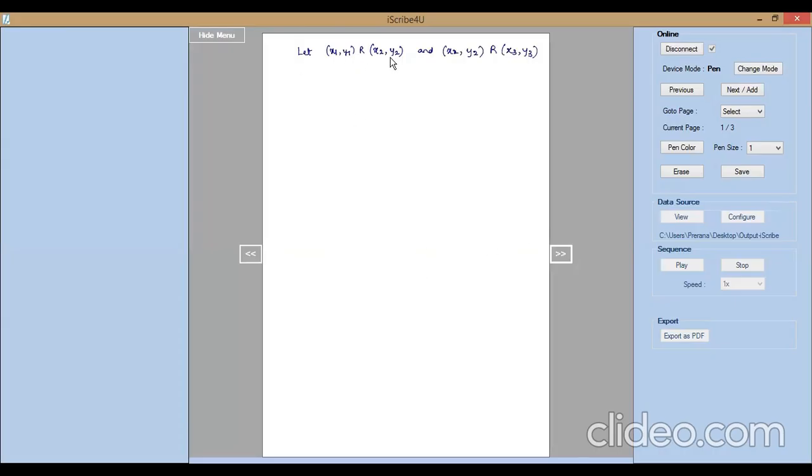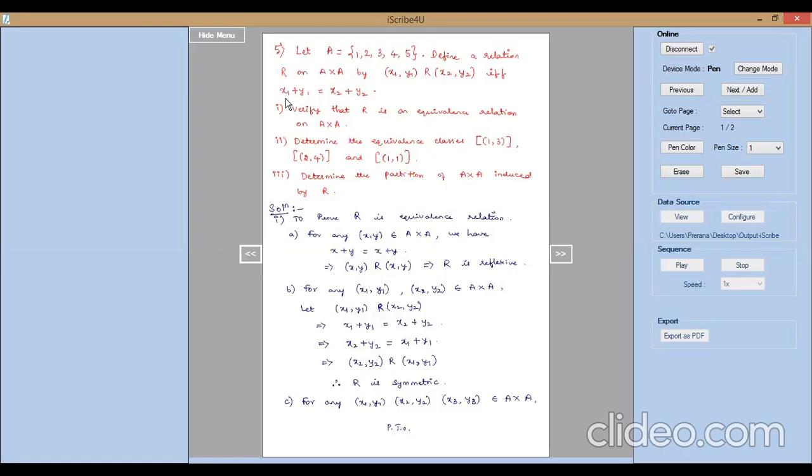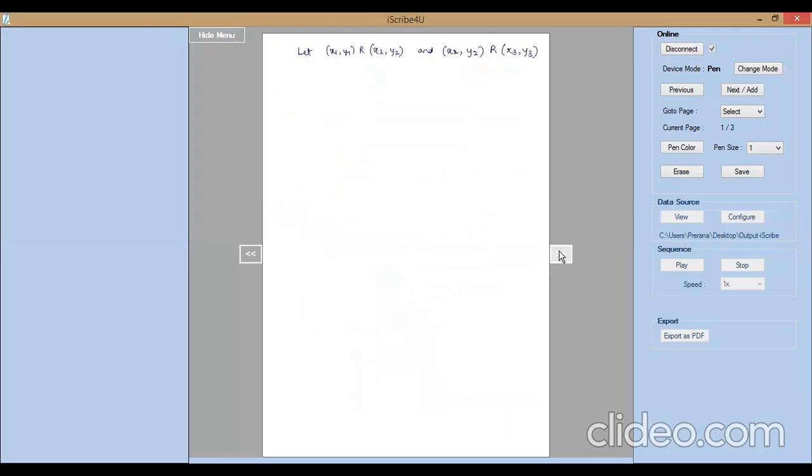Then from the definition, I can write down what our definition is: x1 plus y1 is equal to x2 plus y2. So I can use the definition for this and write it down as x1 plus y1 is equal to x2 plus y2, and x2 plus y2 is equal to x3 plus y3.